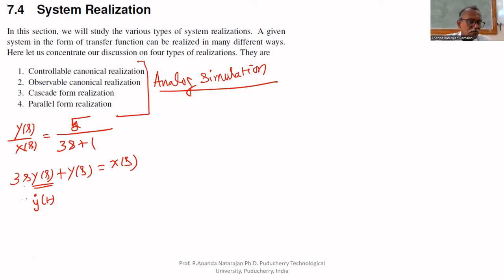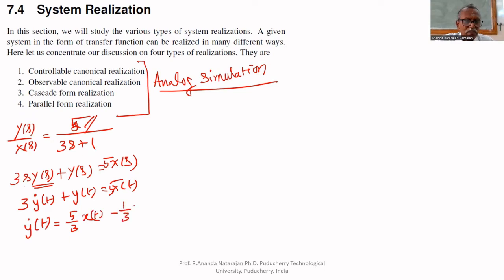So 3 y dot of t plus y of t equal to 5x of t. This 5 is there. Therefore, we can write the first order differential equation: y dot of t equal to 5 by 3 x of t minus 1 by 3 y of t.